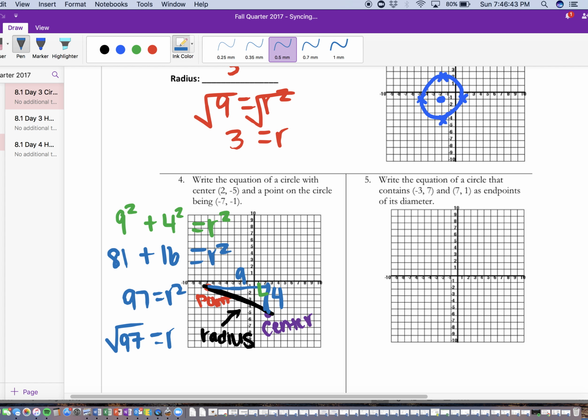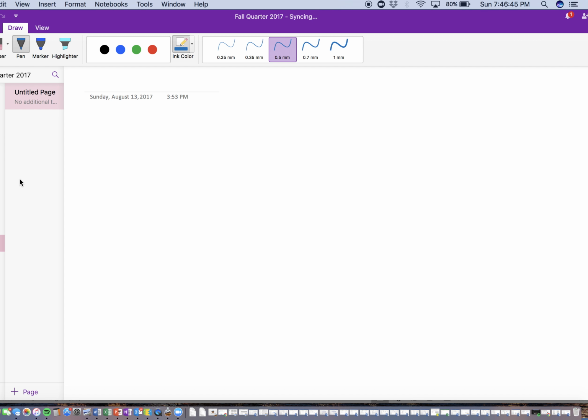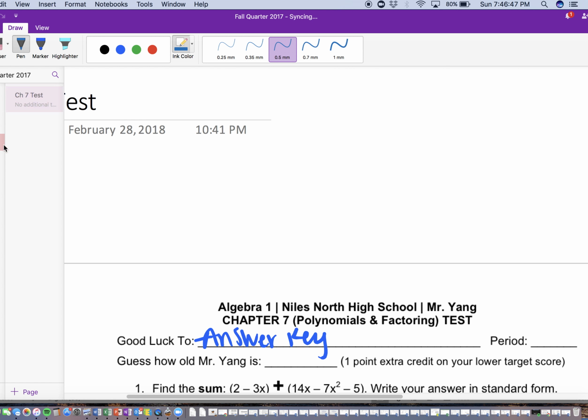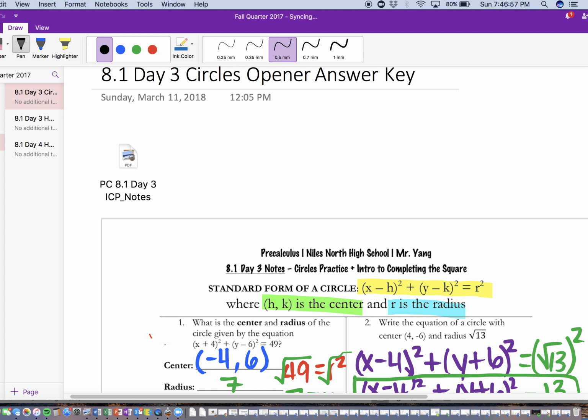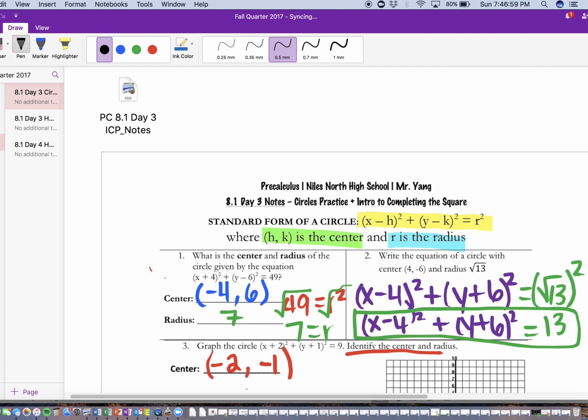Alright? So going back to the problem, they tell me that the center of this circle is at (2, -5). So if I'm writing my equation in standard form, remember standard form is this (x - h) squared plus (y - k) squared equals r squared equation.